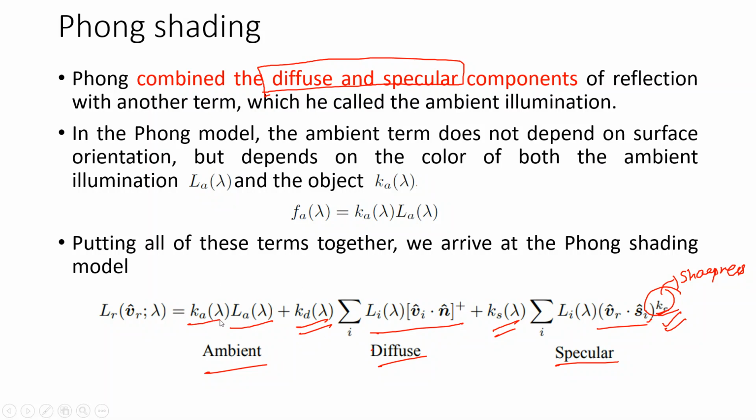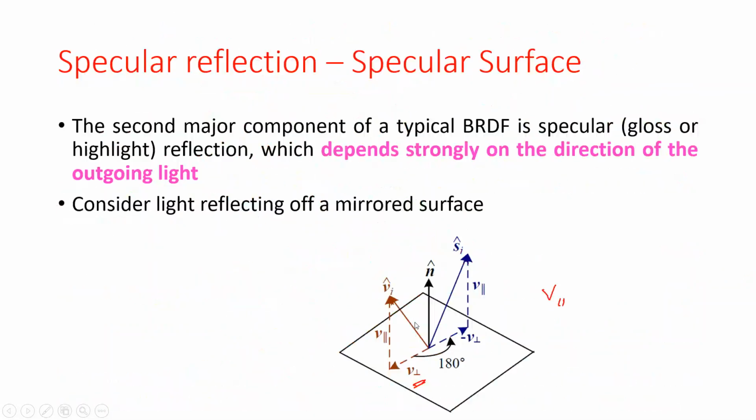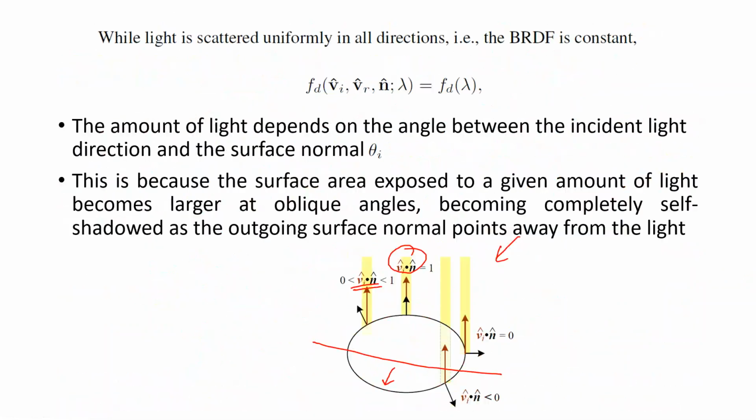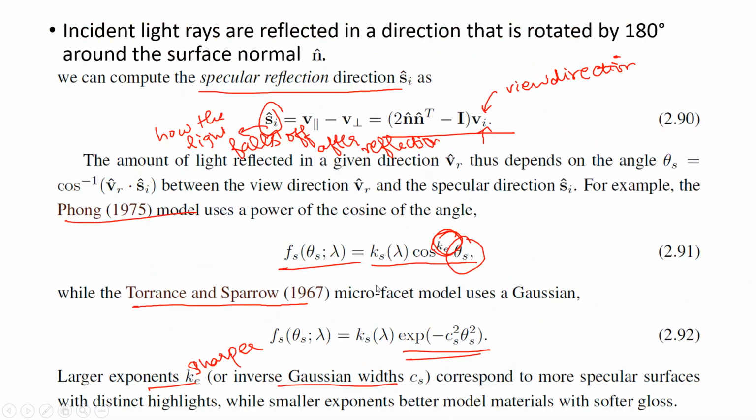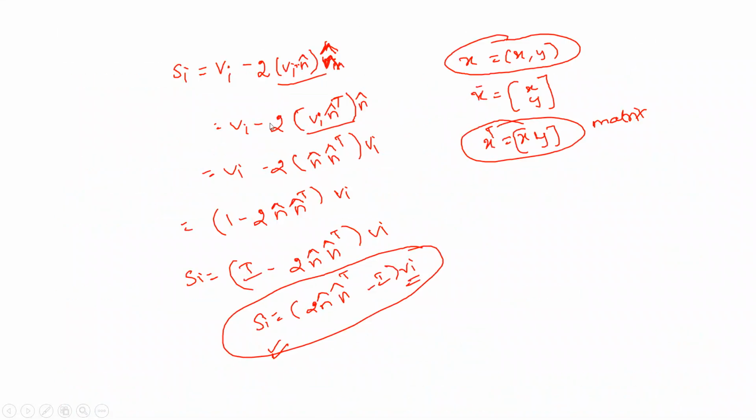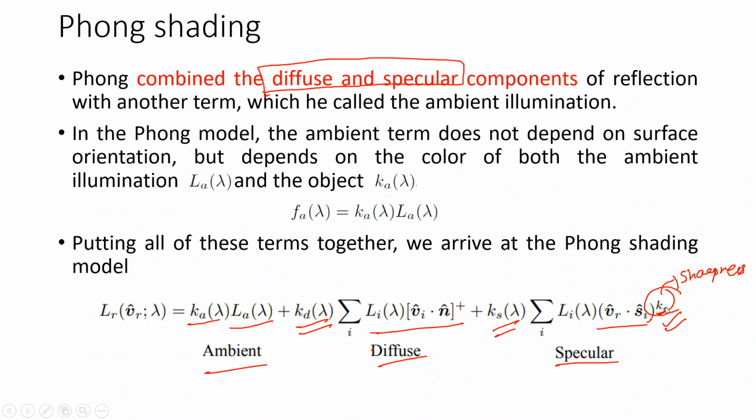Ka is the ambient coefficient, Kd is the diffuse coefficient, Ks is the specular coefficient, and we are just representing the wavelength. For diffuse, we consider the dot product of the incident light and the surface normal. In the specular reflection, we consider Si as well as the exponentiation.